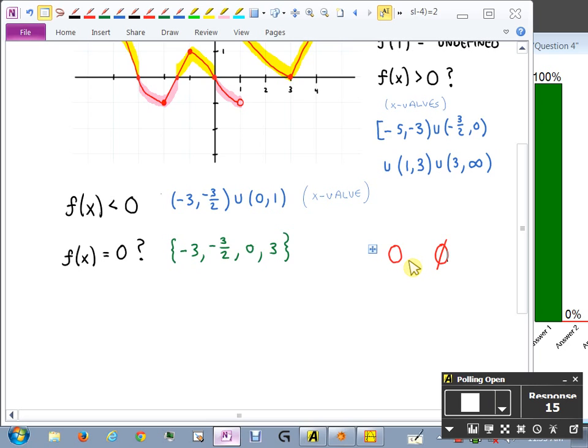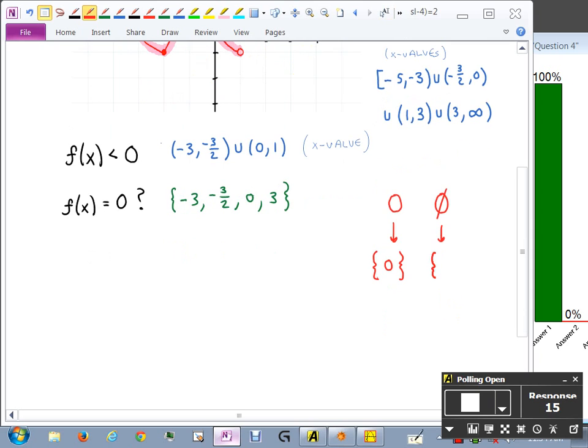If I say 0 inside braces, you look at it as the set that contains the number 0 in it. So it's like a basket. The only thing in the basket is a number, and the number is 0. This other one represents a basket that has nothing in it. It's called the empty set. It's the set that has nothing inside of it.